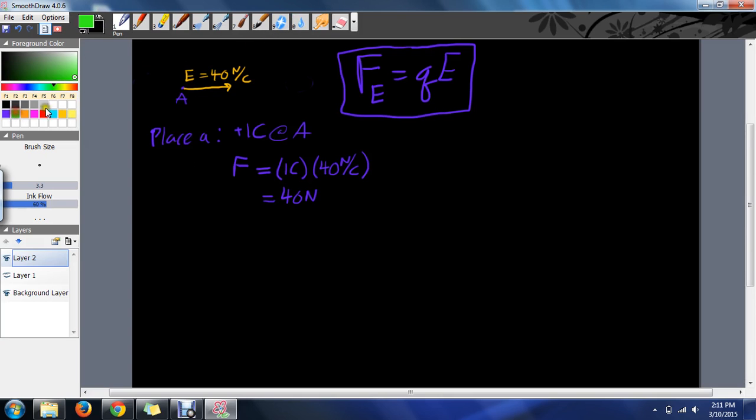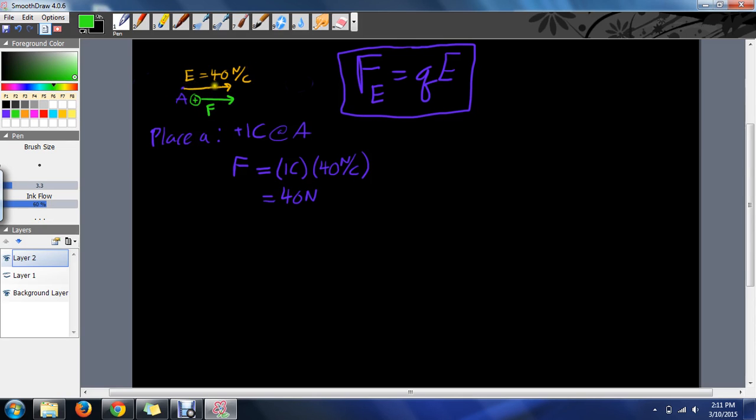Question is, what direction? I put a positive charge. Does the positive charge move with the field or against the field? Well, remember, the convention is that a positive charge determines the direction of electric field.